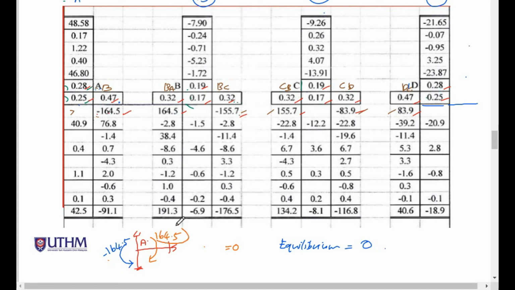So we need additional 164.5 at joint A. This 164.5 we distribute based on the distribution factor to the beam, to the lower column, and also to the top column. This is top column, this is lower column, and this is beam.